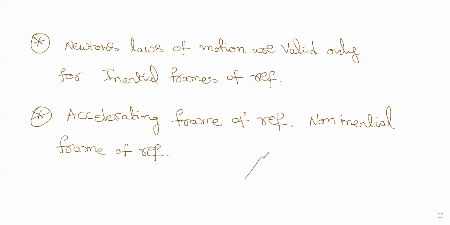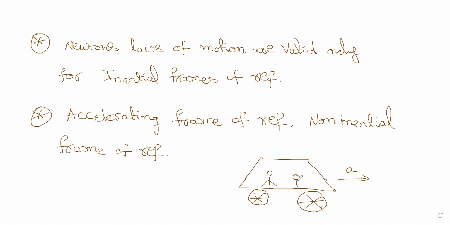See, the thing is like this. I'll tell you the problem. What is the problem you face? Now the car is accelerating in this direction. Suppose I am sitting in the car with my friend, and I am the observer.